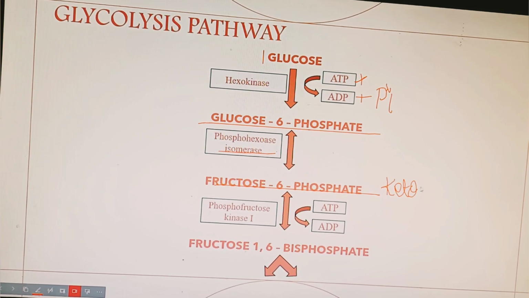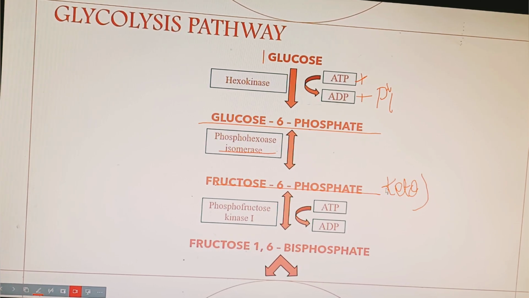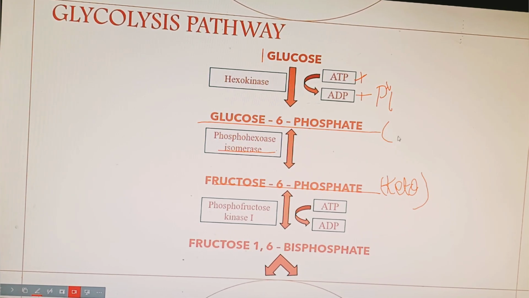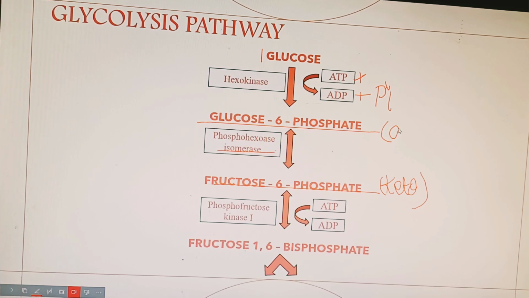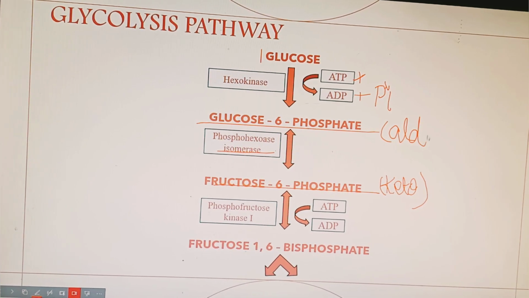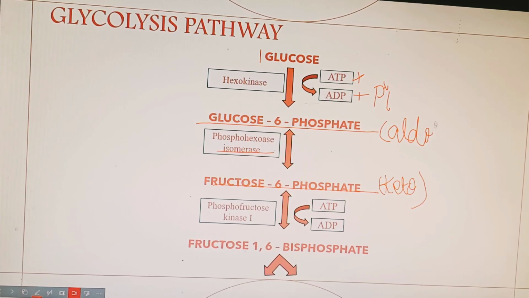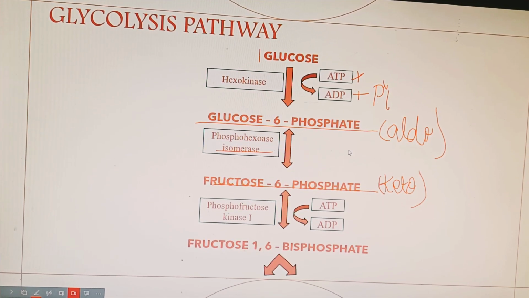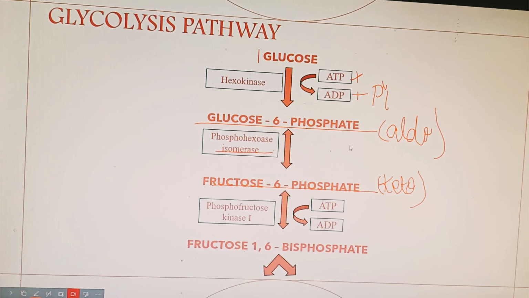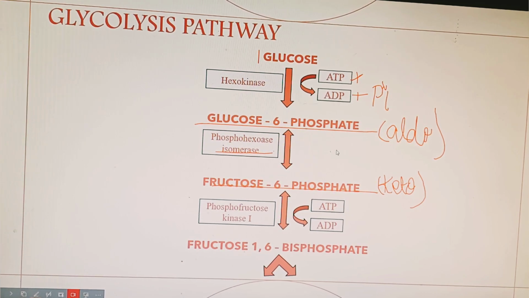Here there is no attachment of the phosphate, so no ATP energy is required or utilized. In this isomerization reaction, the carbonyl group of the glucose is rearranging to form a keto group, which is resulting in the conversion of glucose to fructose.